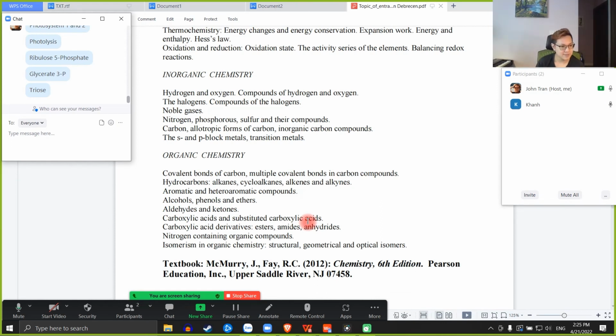Covalent bonds are the process of sharing electrons between 2 atoms to form covalent bonds. And it can be a single bond, double bond, or triple bond.